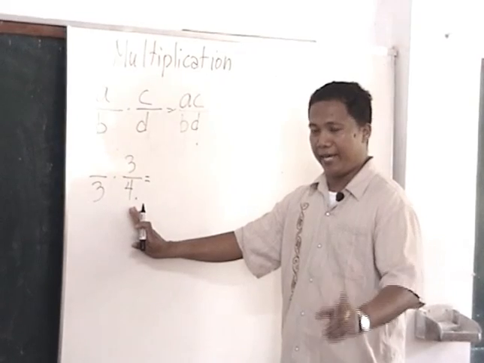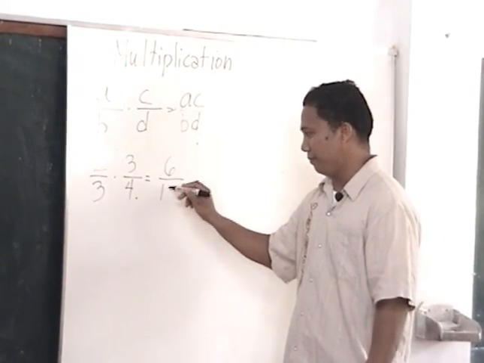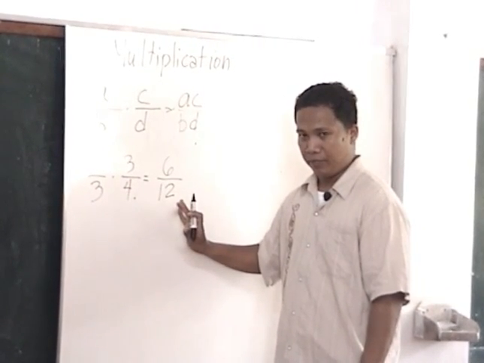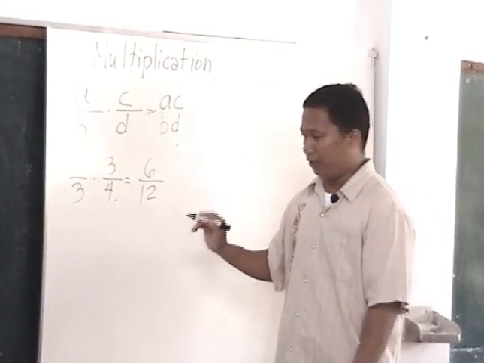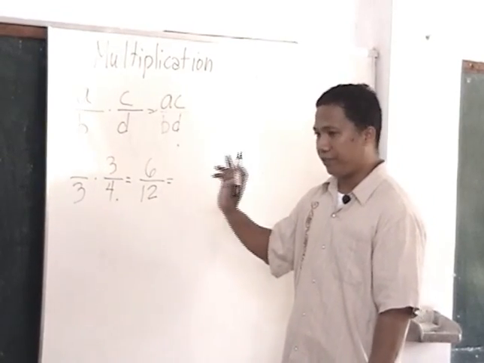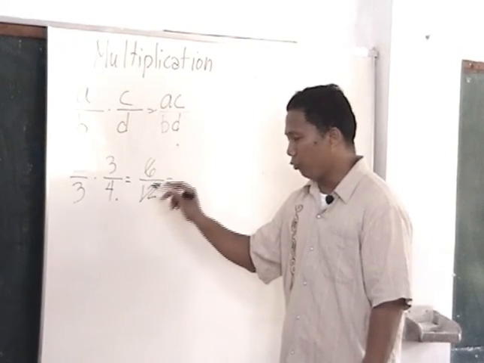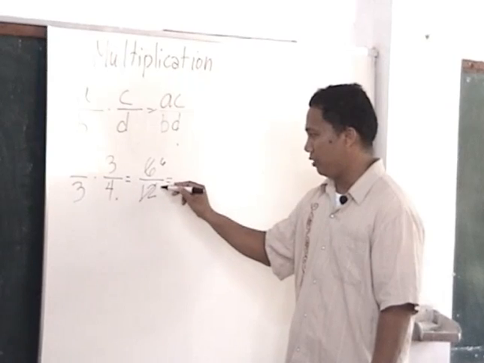If you multiply that, we have 6 over 12. But take note, this is not the lowest term. In order for you to have the final value, you express this in lowest term. So in lowest term, we cancel 6 and 12 by dividing both by 6.